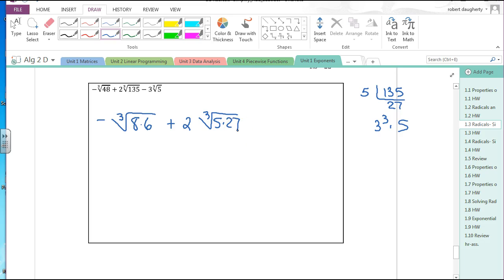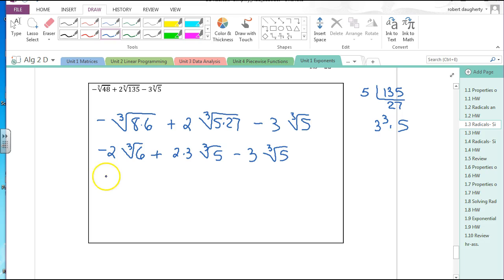What about that, the last term? Cube root of 5. Anything I can do there? No. What's the cube root of 8? 2. So this is negative 2 cube root of 6 plus, what's the cube root of 27? It's 3. So I'm going to bring this out and I'll have what? 2 times 3 cube root of 5 minus 3 cube root of 5.